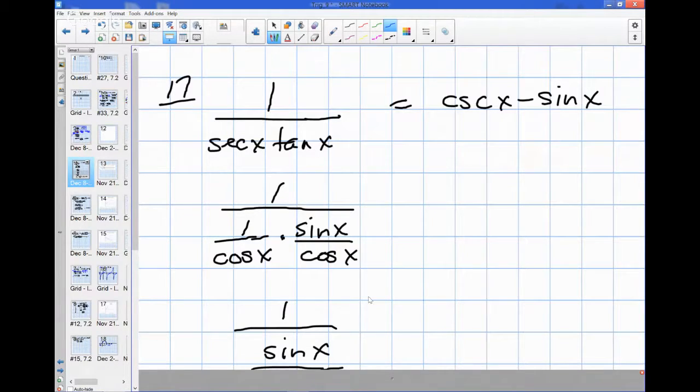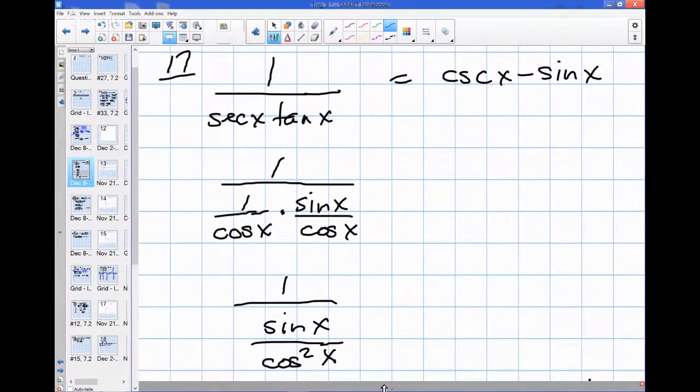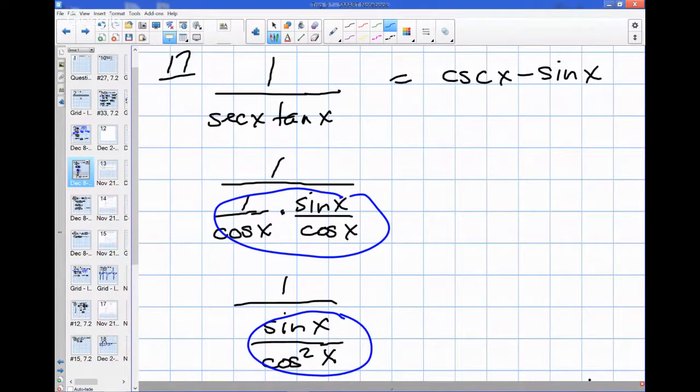And then, let's see if you can follow what I did here. If you multiply this denominator out, what do you get? 1 times sine is sine, cosine times cosine is cosine squared. So all I did was combine these two and multiply them to get that. I didn't touch the numerator of 1.